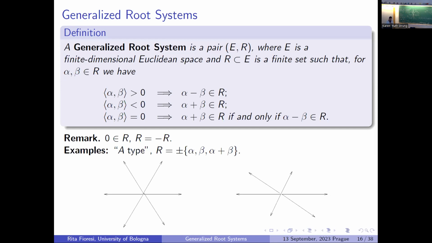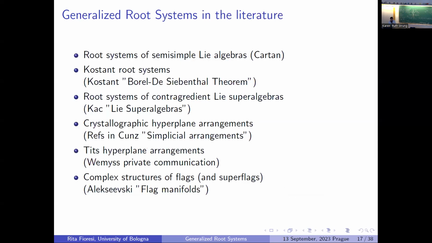All right, so this is the definition we play with, very simple. And I really like Occam's razor, right? That Sean mentioned yesterday. If there is something simple, that is probably the best thing to do. That is what we think. So again, I try to write what are, at the moment, we don't know why, examples: root systems of semisimple algebras, yes, they are root systems; the root systems of contragredient Lie superalgebras are examples, not obvious now, not obvious at all.